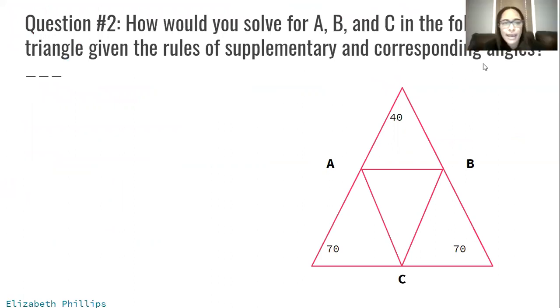Okay, Elizabeth, how would you solve for A, B, and C in the following triangle, given the rules of supplementary and corresponding angles? If you'll notice, the triangle that we're given is an isosceles triangle, which means it's going to have two of the same measurements. So we have 40, 70, and 70. We're wanting to find the measurements in our smaller triangle.